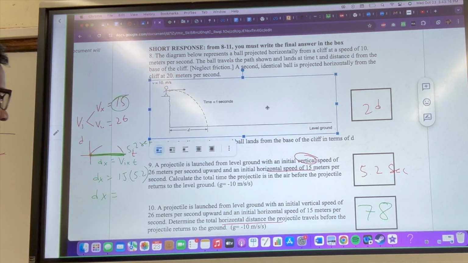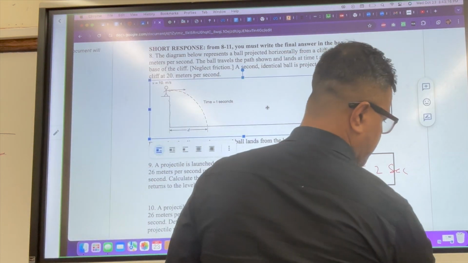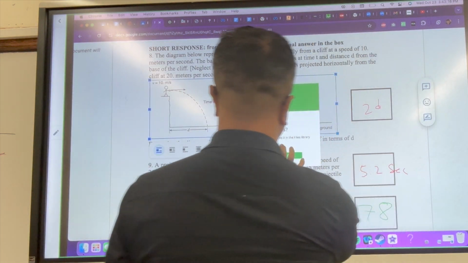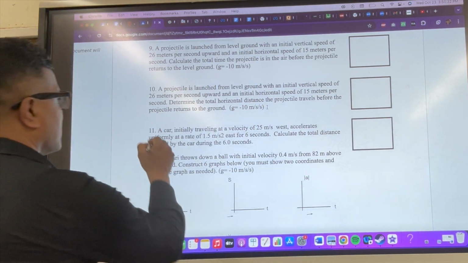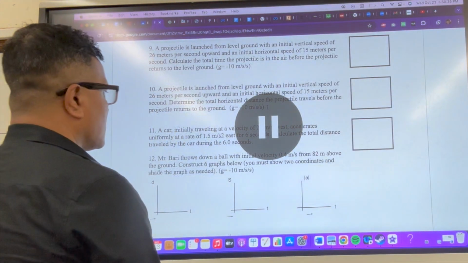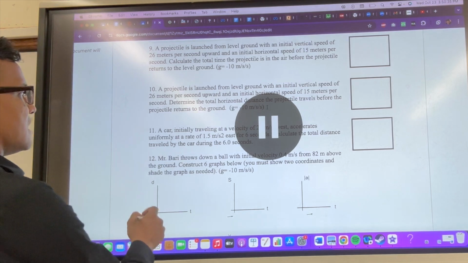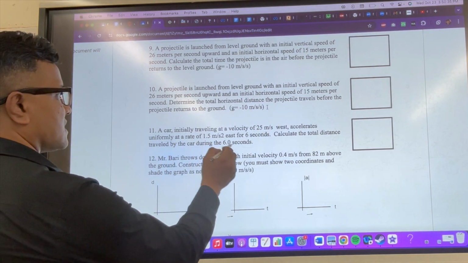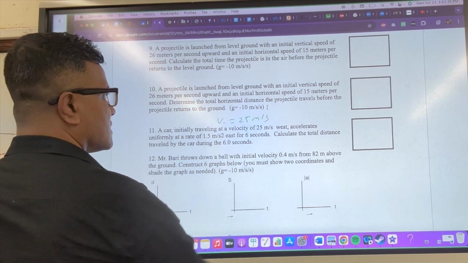Okay, number 11. That takes us to number 11. A car is initially moving with initial velocity of 25 meters per second, right?